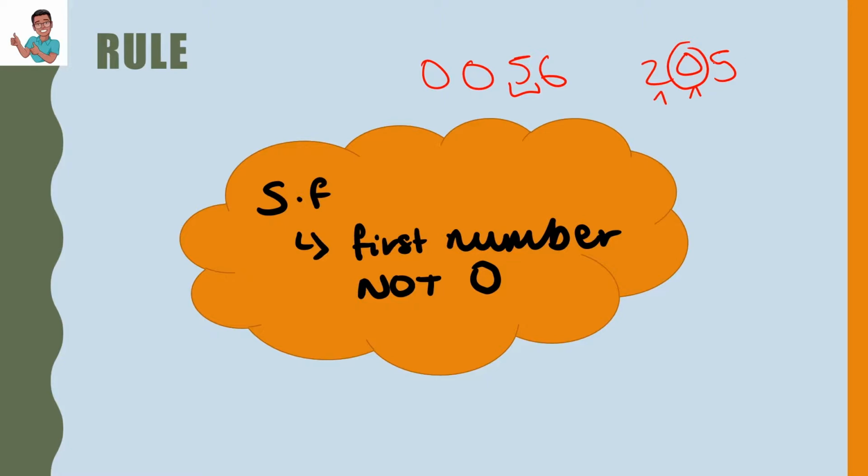So this number would be said as 205. But if this 0 wasn't here, we would just say it's 25. So this 0 is significant. However, when we look at this, we just say the number is 56, because the 0 has no value.